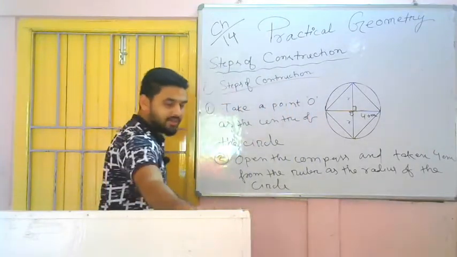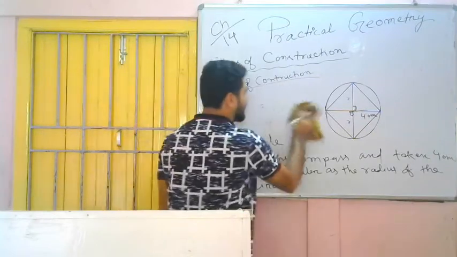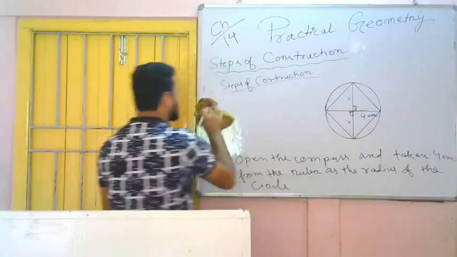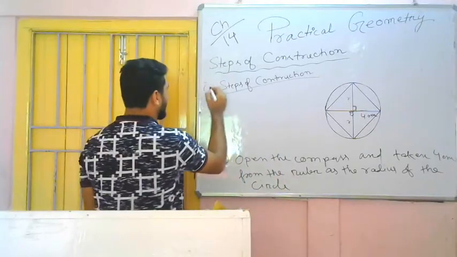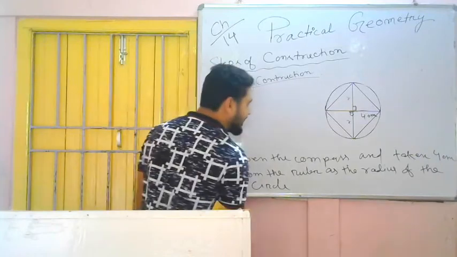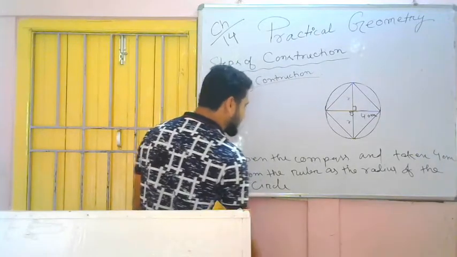Now write step number 3. Step number 3 is what? Open the compass and take 4 cm from the radius of the circle.